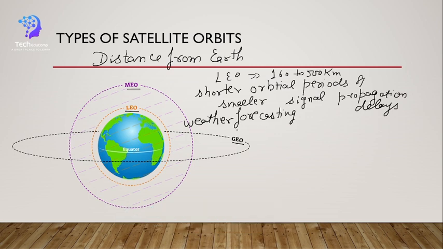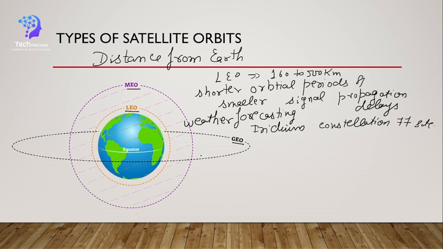One such example is the Iridium constellation, which consists of 77 satellites in its orbit to provide continuous service to the base station.